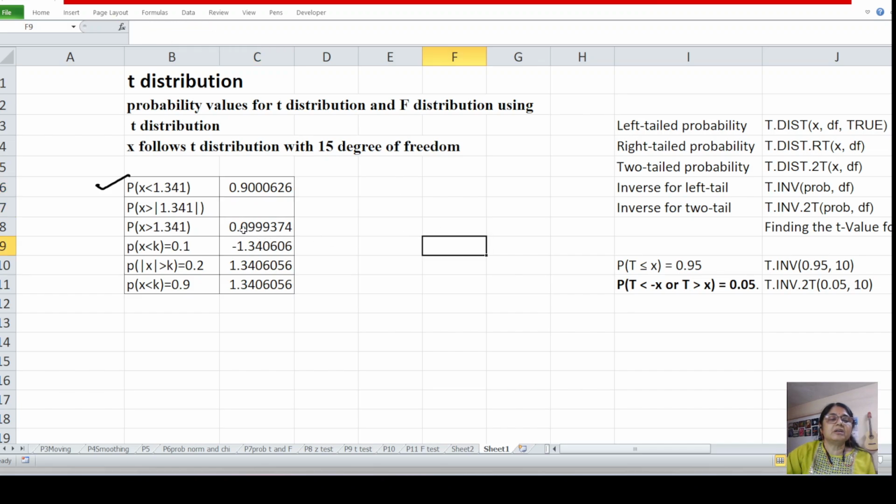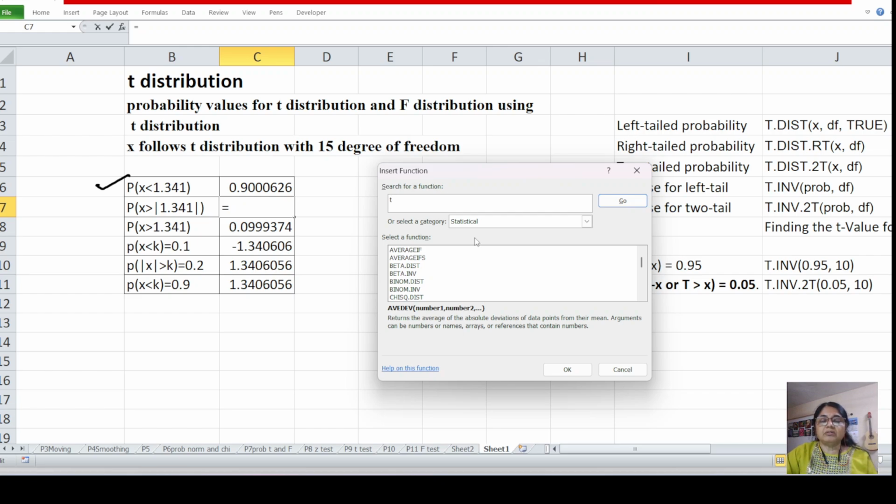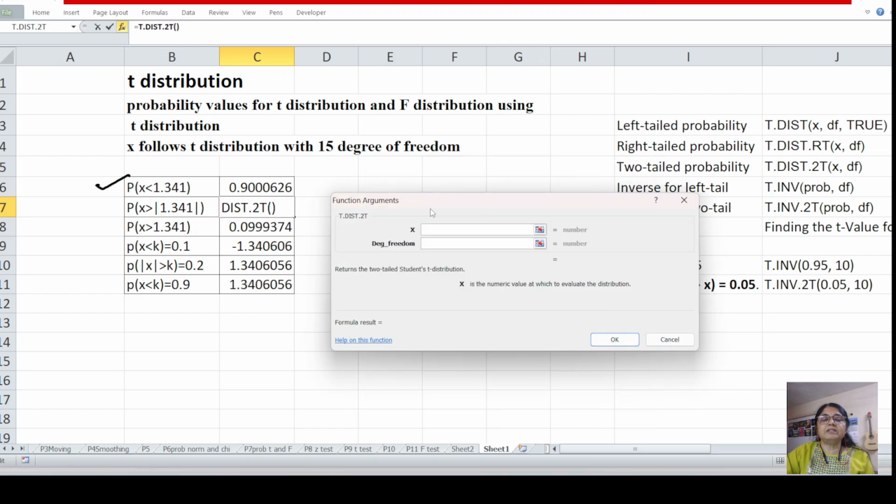Now we'll select fx, then from statistical, the t distribution. We can select t distribution two-tail, and in that we will consider the value of x as 1.341 and degrees of freedom again 15.